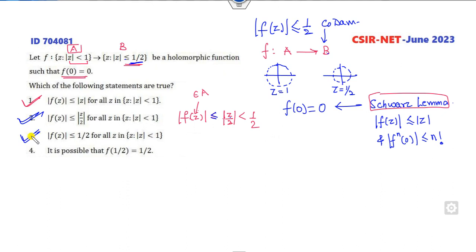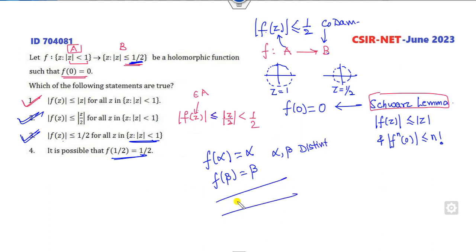The third one is by the definition of the function, that is, the domain and the codomain. Any element taken from the domain, f of z, which is an element of A, is less than or equal to the radius of B. f of half is half. That is not always true. This is true only when you have two distinct elements, let's say f of alpha and f of beta, where alpha and beta are distinct elements.